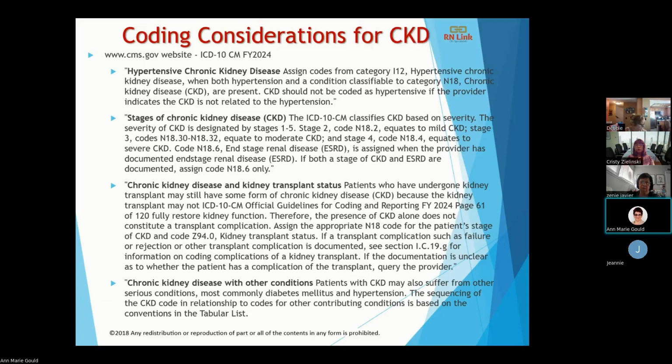So this is where your coders, like Zenny, go to these tabular lists. They have to. That's part of the rules. That's the guidelines. So they're going to let us know from a CDI perspective, hey, we've got to change it to this sequencing based on coding guidelines. That's fine. That's what we do. Okay. Thank you, Zenny. Thank you, Debbie.